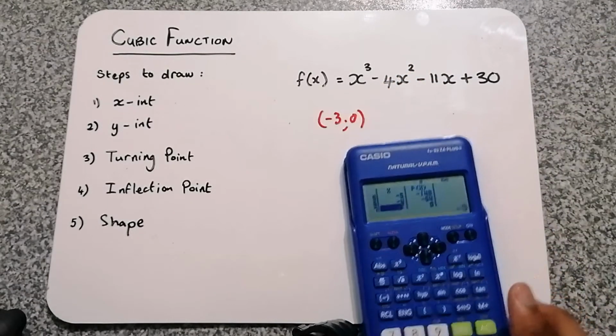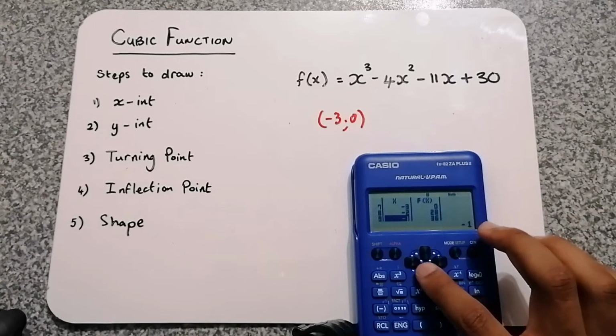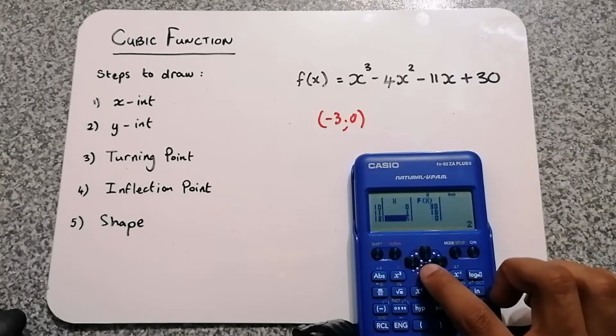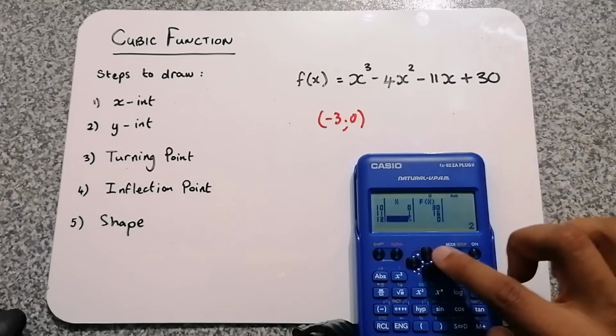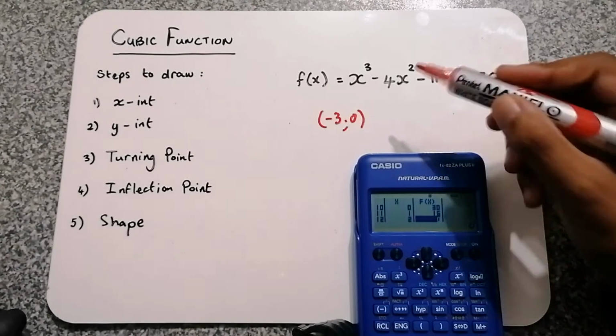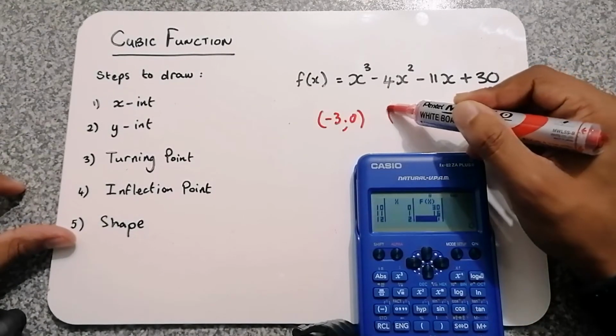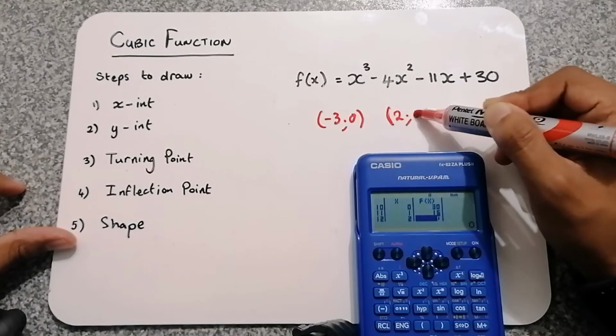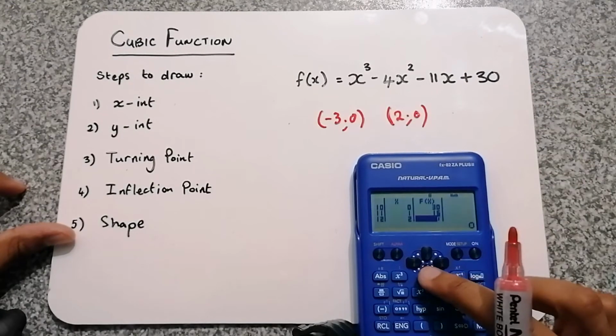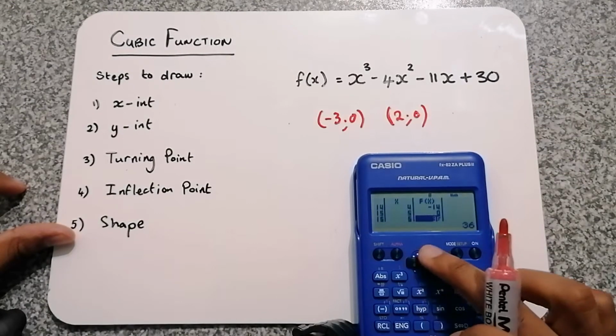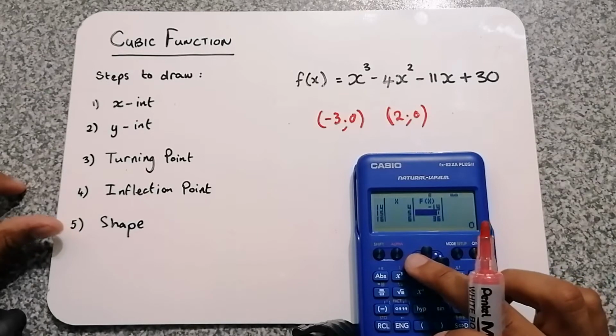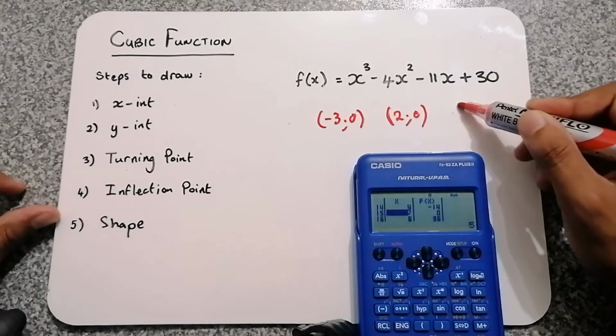Okay, let's keep going. Okay, again we get 0 where x is 2. So y is 0 where x is 2. Let's keep going. Here's another one. y is 0 where x is 5.